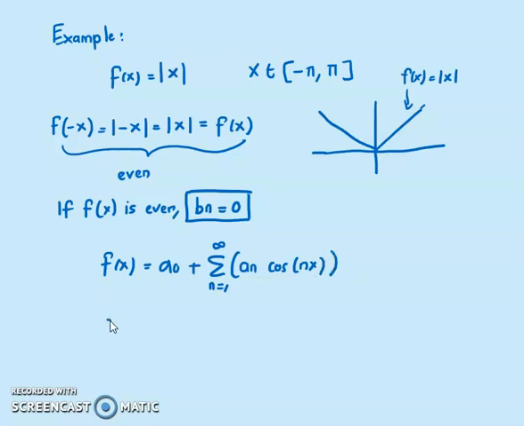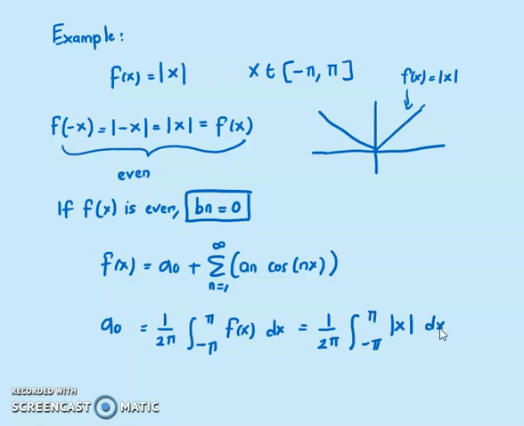Now what is a naught? A naught equals 1 over 2 pi, integral from minus pi to pi, f(x) dx. But we know that this is an even function. Therefore, with an even function, our integral becomes 1 over pi, integral 0 to pi, x dx.